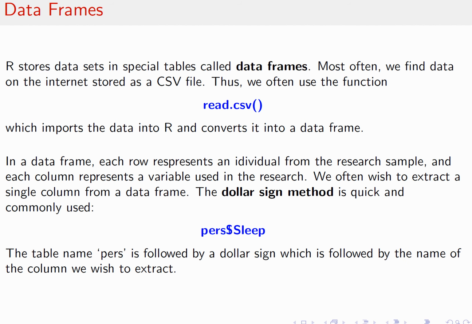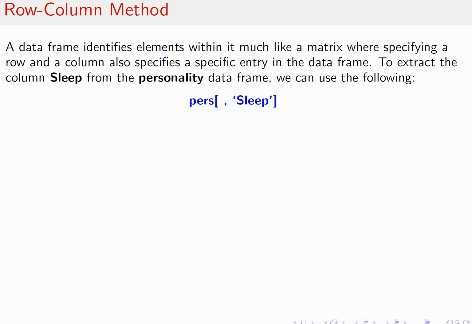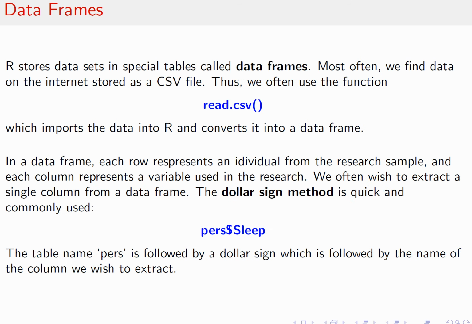There is another method that we use, and the row column method. So this does the exact same thing. All right, so let's jump back, right? The pers$sleep extracts a column, and again, we'll have a way to name that variable so I can pull that. This is a data vector now. pers$sleep is a data vector, and we'll name it as some variable, maybe S or sleep, and we'll be able to work with it.